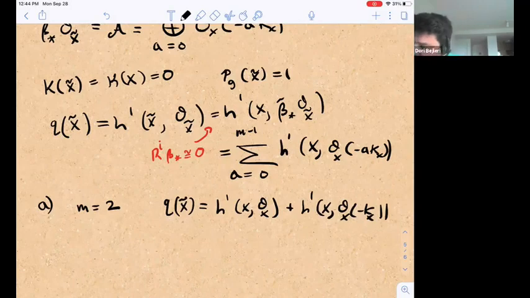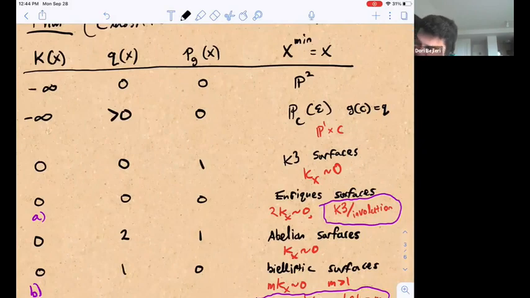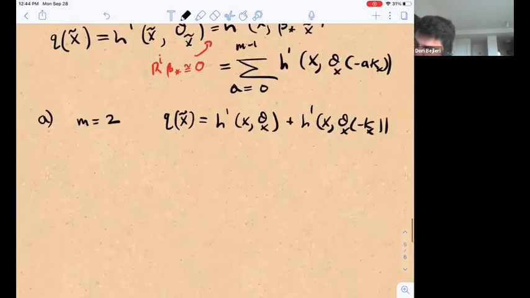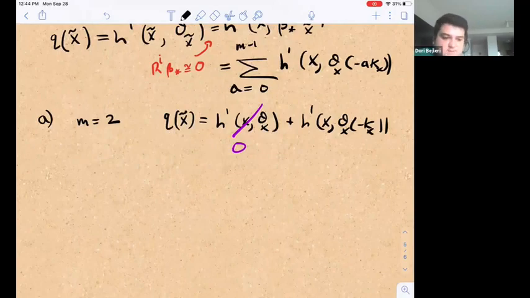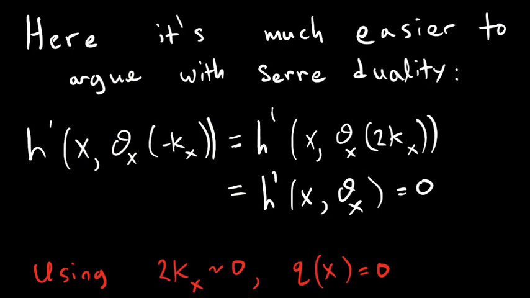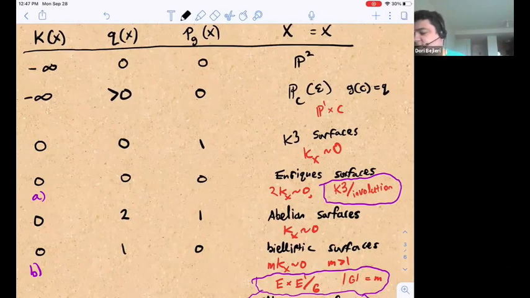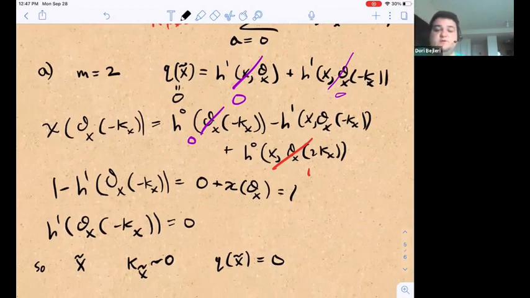But in the Enriques surface case, if we go back up to our table, the irregularity of an Enriques surface is 0. So this term is 0. So now we want to compute h^1(X, O_X(-K_X)). Okay, so that tells us that this X tilde is a K3 surface, but we also know that m is 2, so we know that this cyclic cover is a Z mod 2 cover.